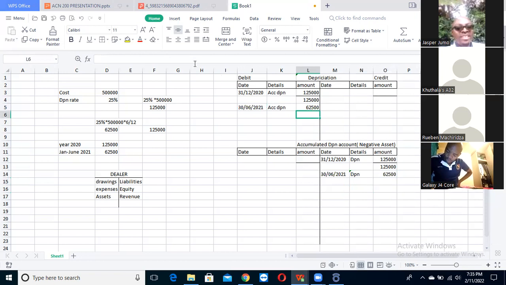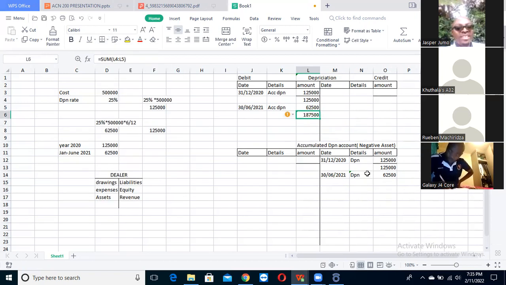So we want to also come and balance the account. So we just say 125 plus 62,500, and it gives us 187,500. We must as well put double lines there, because it's our last transaction.